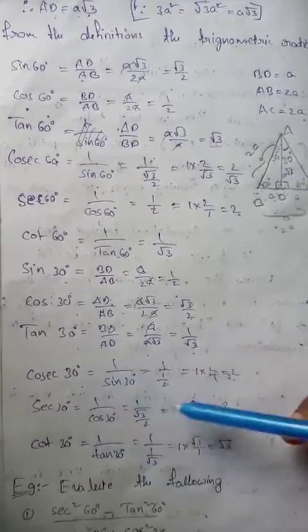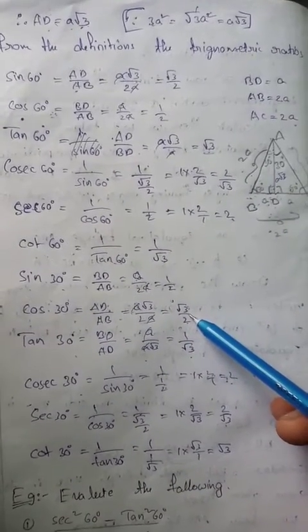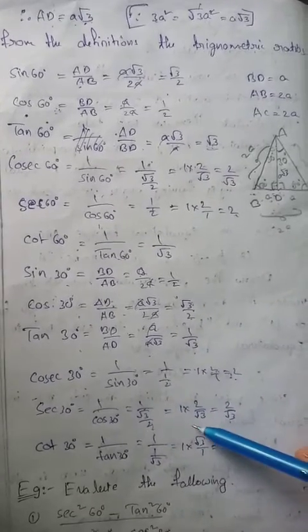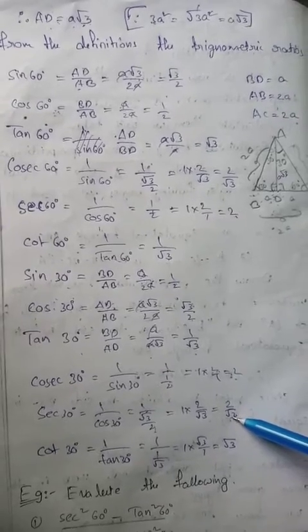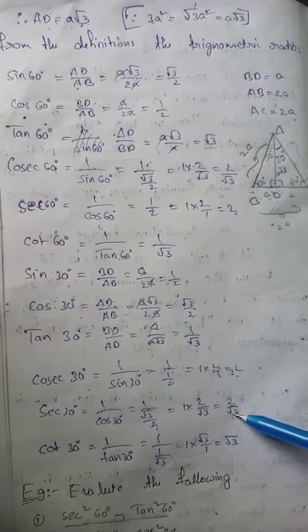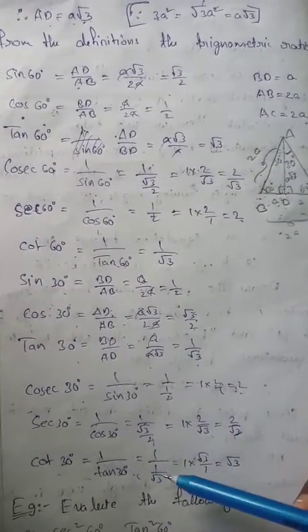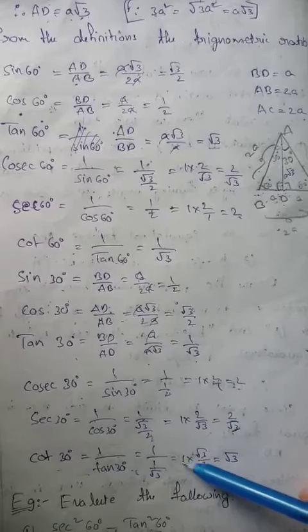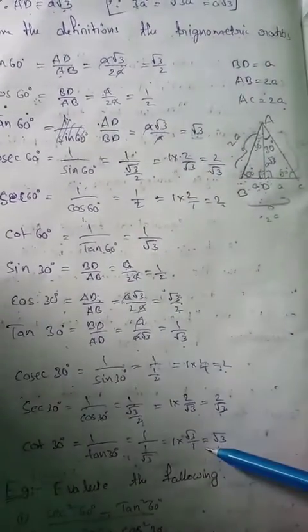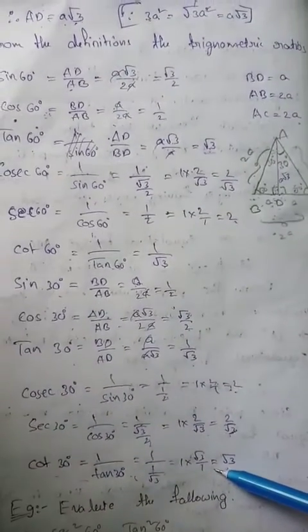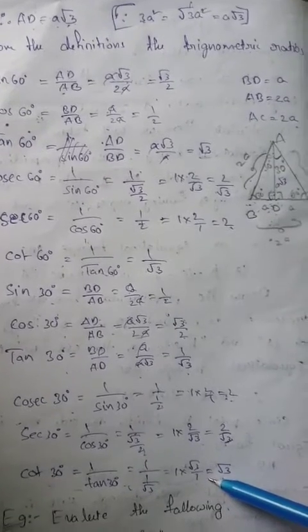Secant 30 equals 1 by cos 30, which is 1 by root 3 by 2, 1 into 2 by root 3 equals 2 by root 3. Secant is reciprocal for cos and cos is reciprocal for secant. After that cot 30 is 1 by tan 30, 1 by 1 by root 3 equals root 3. That means cot is reciprocal for tan and tangent is reciprocal for cotangent.